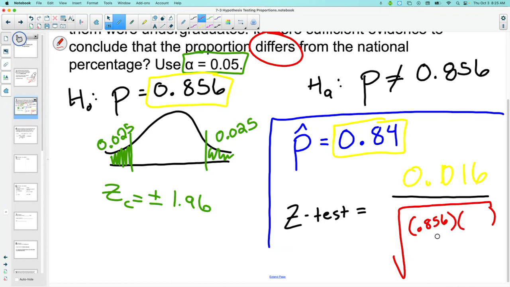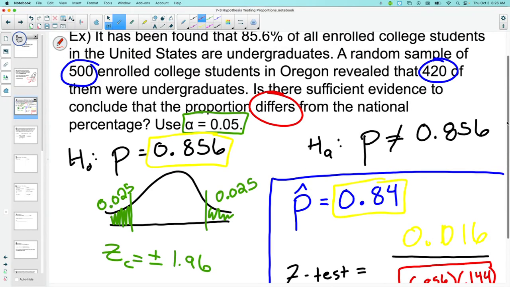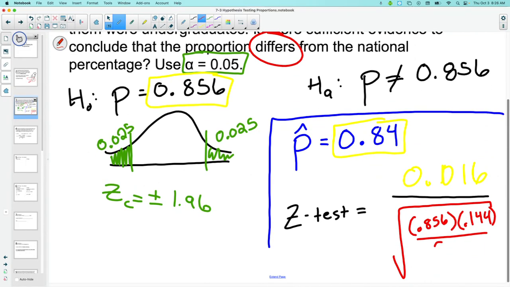It's whatever combines with this to make 100. So I think that should be 0.144. Put that one in there. And then I would divide this by N, which is how many people we asked, which if I look back was 500. That's how many people were in my study, or in my group. So I'm going to put 500.